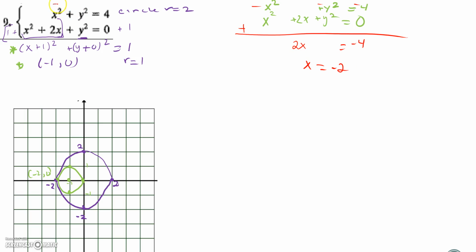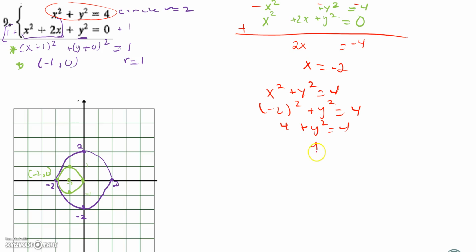And when I plug it into my first equation to find my y squared, you get x squared plus y squared equals 4, or negative 2 squared plus y squared equals 4. So you have 4 plus y squared is 4, or y squared equals 0, meaning y does equal 0.